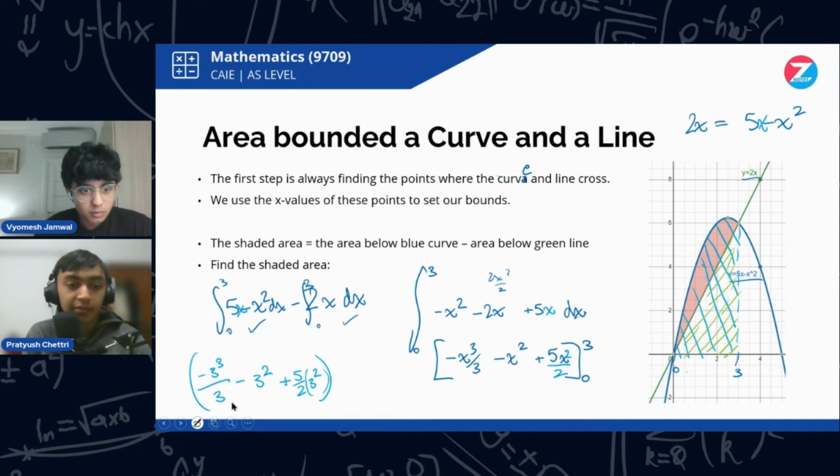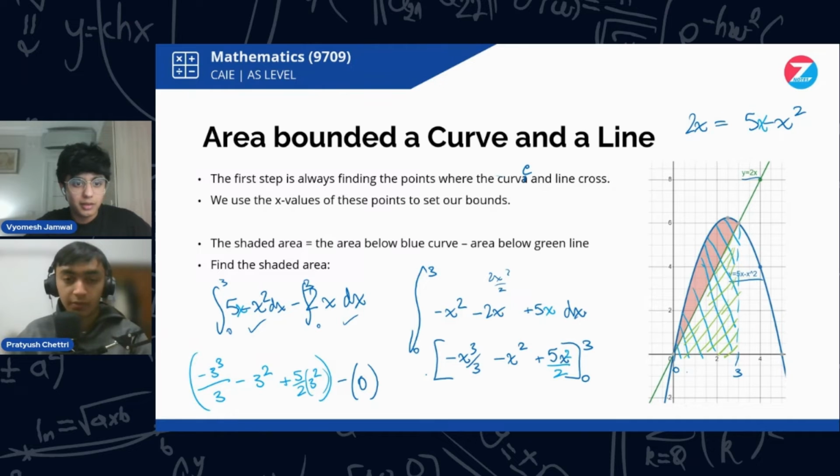So it's going to be 5 by 2, times 3 squared. And what does that give? I did it directly and got 4.5. Let me try what you also wrote here: minus 3 cubed over 3, minus 3 squared, plus 5 by 2 times, whoops, forgot the multiplication sign, 3 squared.